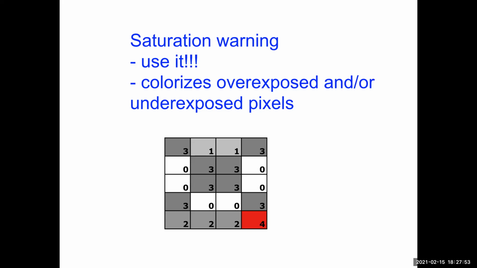It will often look like a little French flag because those are the colors they use. It just colors your overexposed and underexposed pixels so your eye can go right to them, and you can make a choice and say, oh yeah, I'm going to leave it like that because it's just a fiber from my lab coat, or no, oh my God, that's exactly what I was trying to see and I'm saturating it. Let me back off on the exposure.